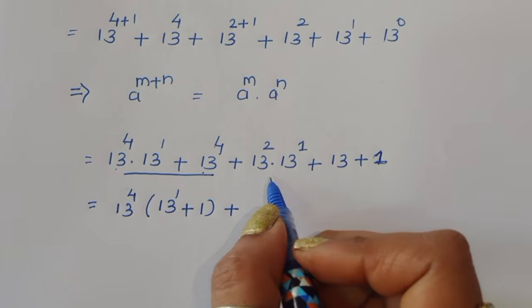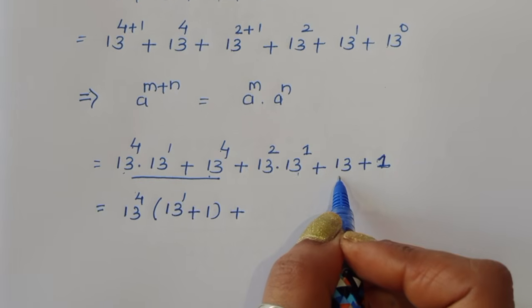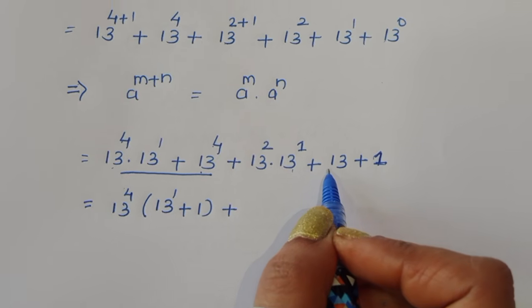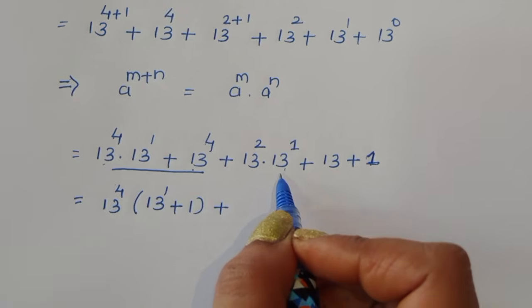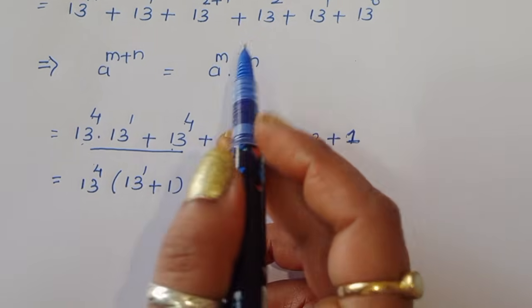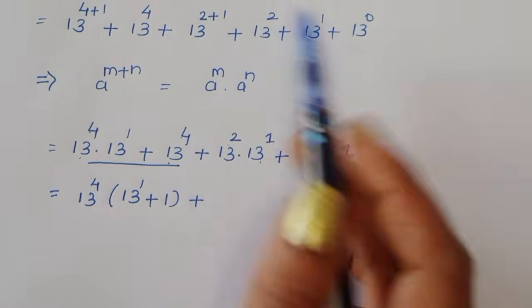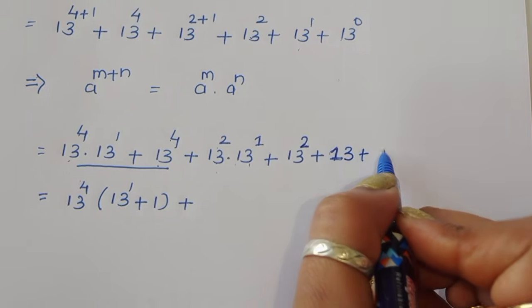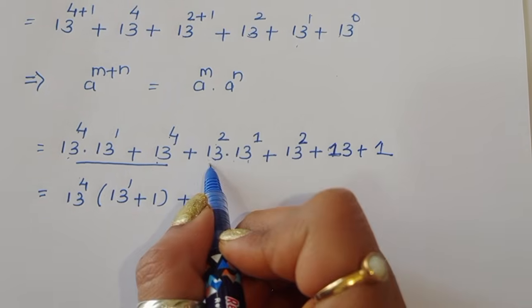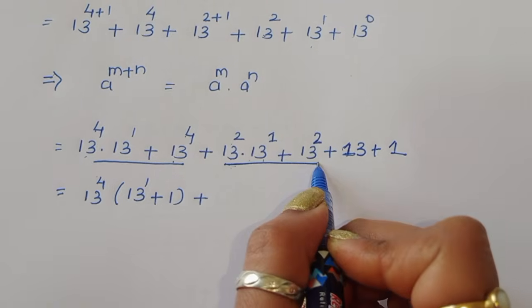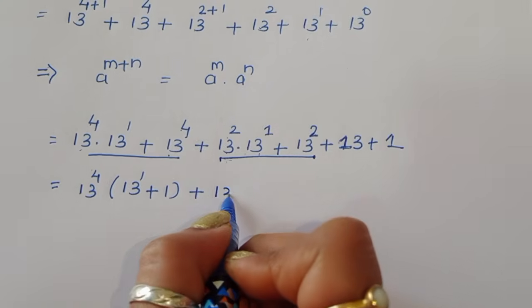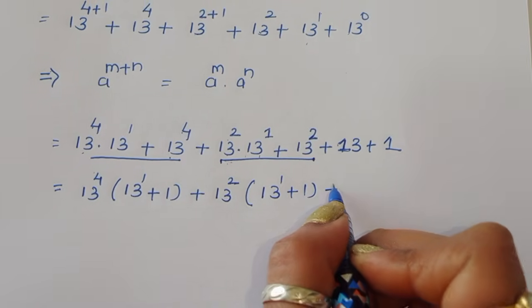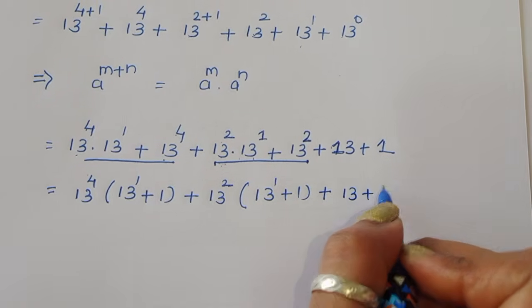Then here we have 13^2 times 13^1 plus 13^2 plus 13 plus 1, and we can take 13^2 common. The left term is 13^1 plus 1 plus 13, that is 13 plus 1.